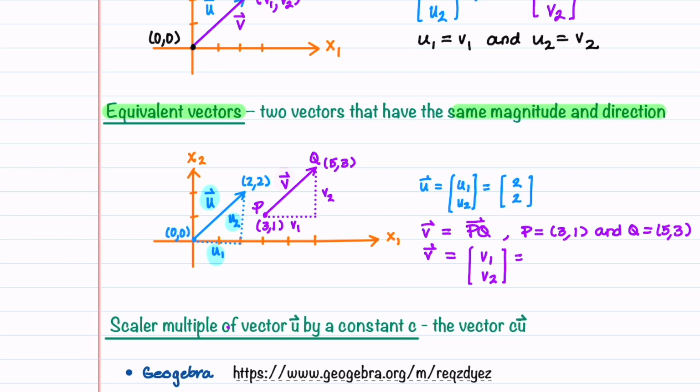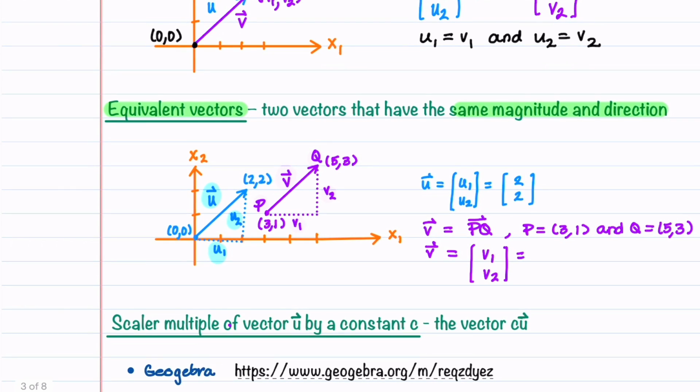Vector v is the vector between points P and Q and has components v1 and v2. v1 is equal to 5 minus 3, and v2 is equal to 3 minus 1, giving us the components (2, 2). Because the components of u and v are equal, the vectors will have the same magnitude and direction and are called equivalent vectors.